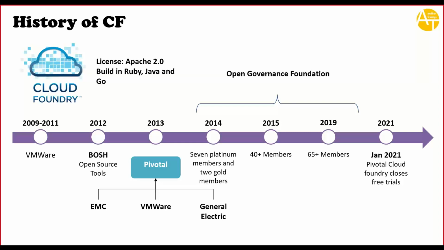Later on, VMware and Bosch merged and formed a new organization called Pivotal. The job of Pivotal was to increase the adoption of cloud in the industry. The hands were joined by EMC Square and General Electric along with VMware and Bosch. They formed a completely new company called Pivotal.